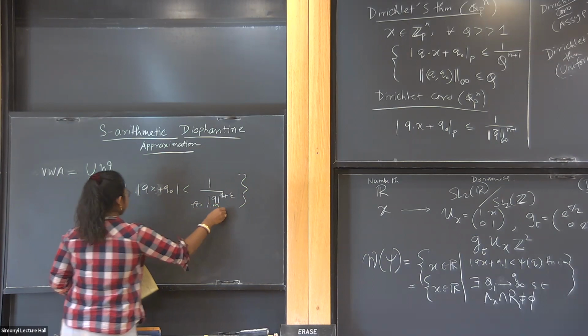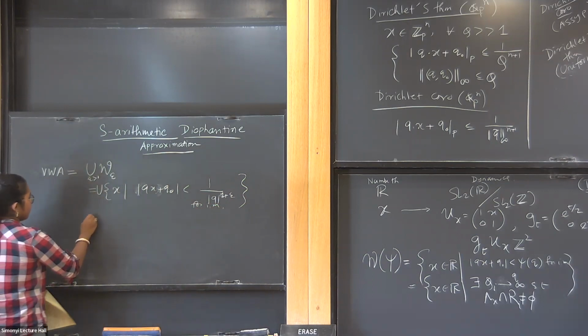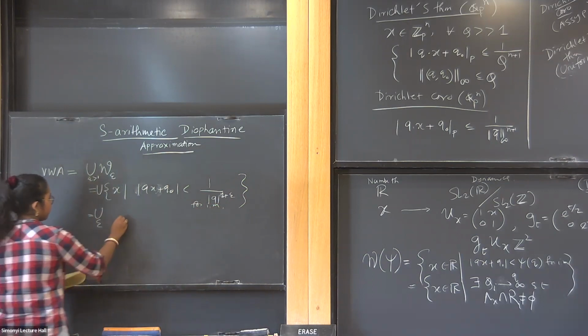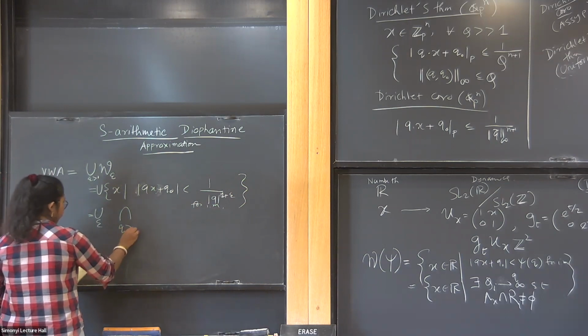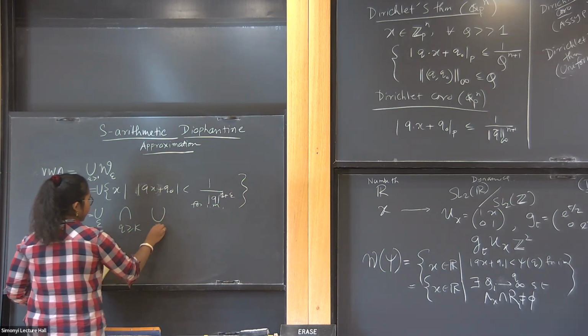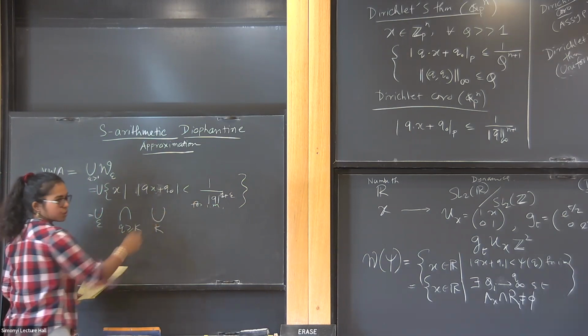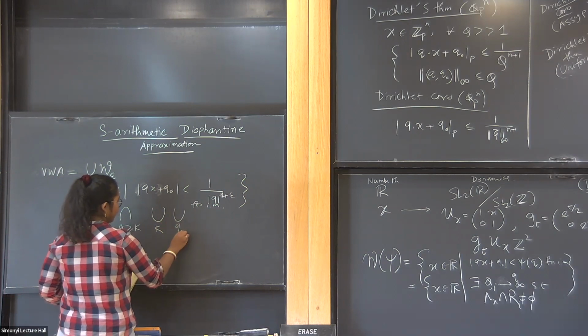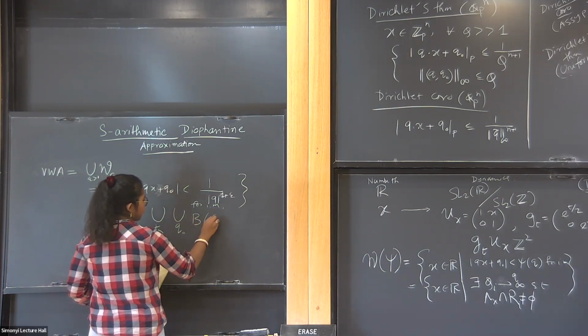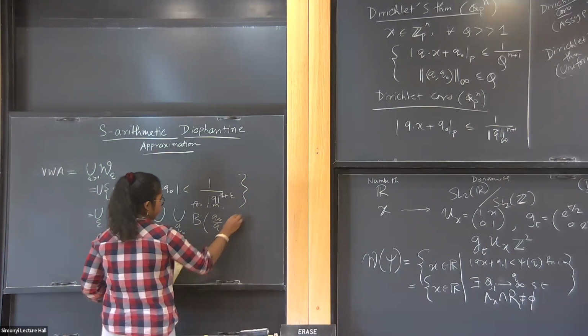So this is a lim sup set. You can write it as the union over k of all q greater than k of these sets, and these are just balls: balls centered at q naught by q with radius 1 over q^(2+epsilon).